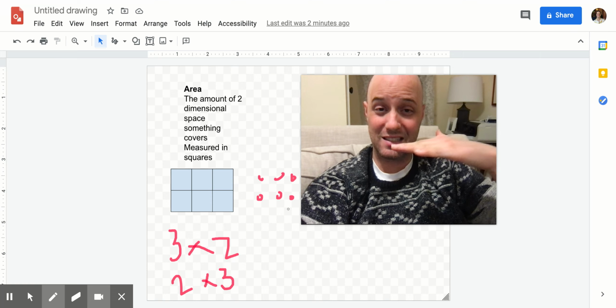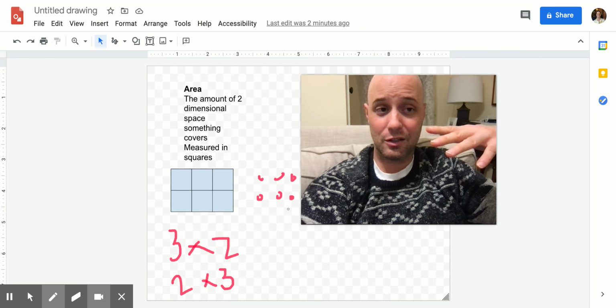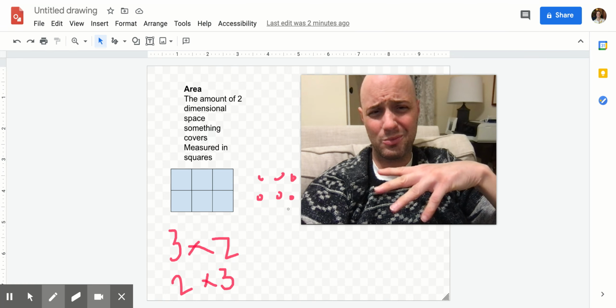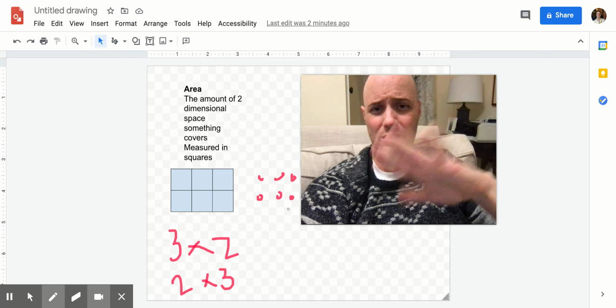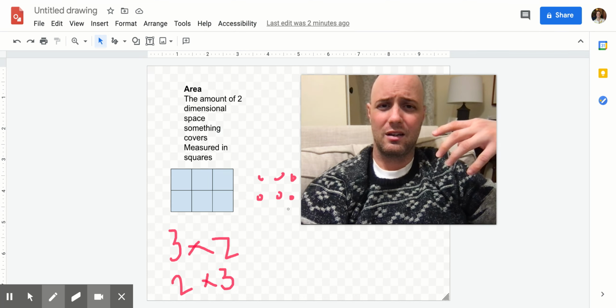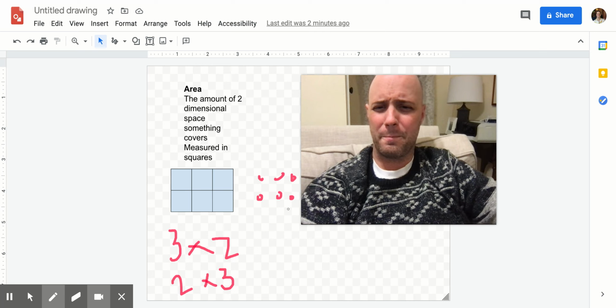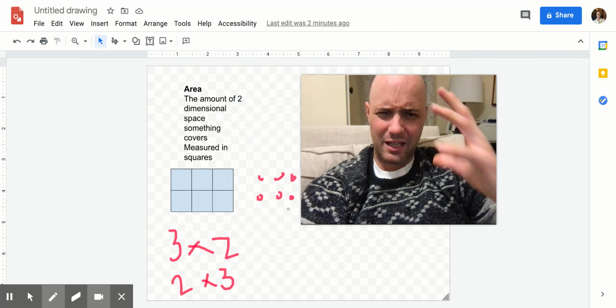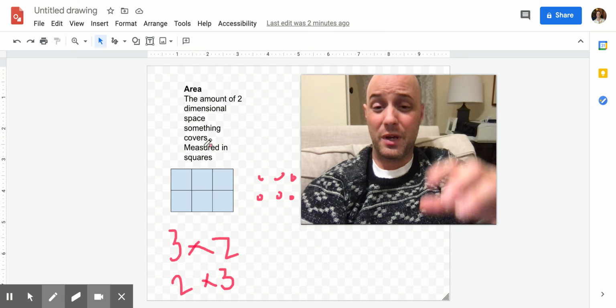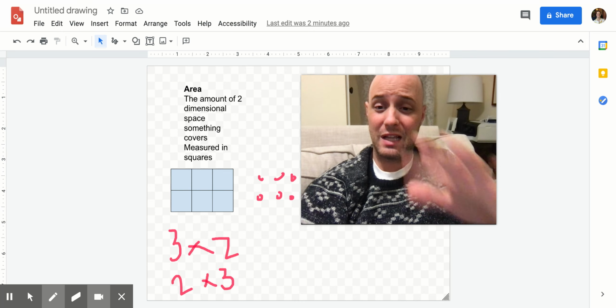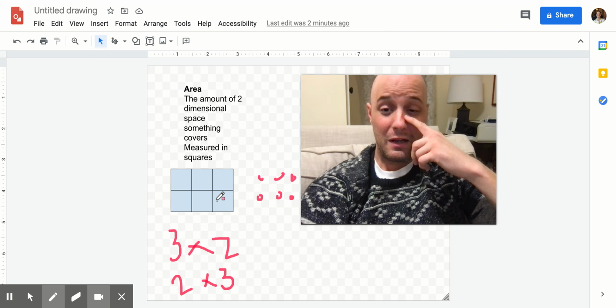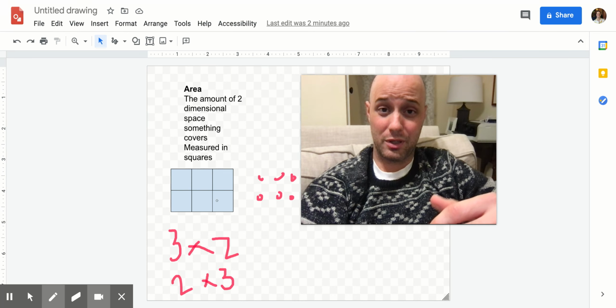That means flat, not 3D. 2D is like video games that are flat, like cartoons, and 3D is when you're really there. It pops out at you. So area is the amount of 2D flat space that something covers up.